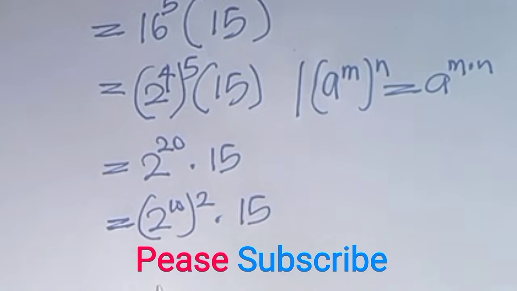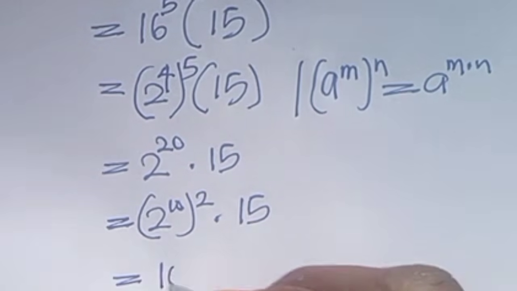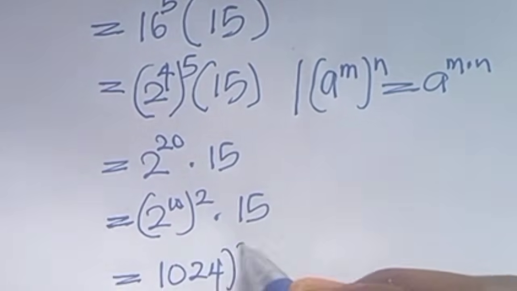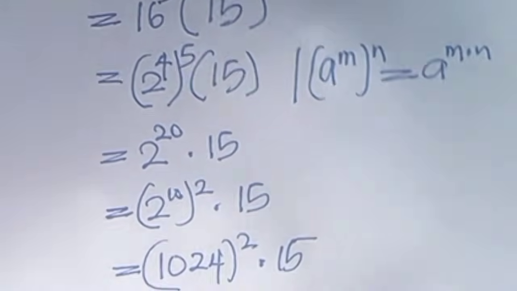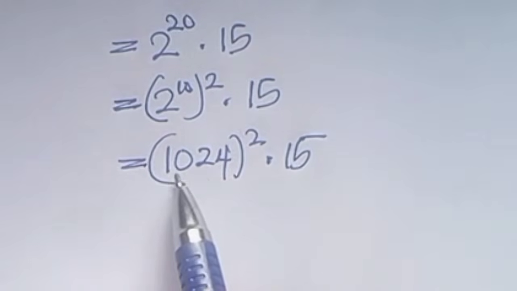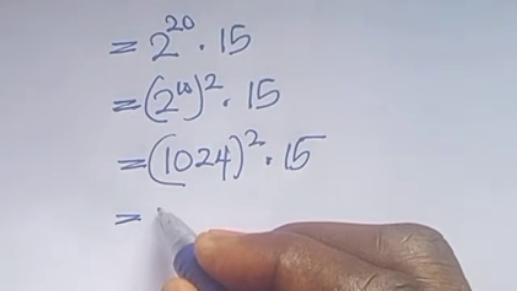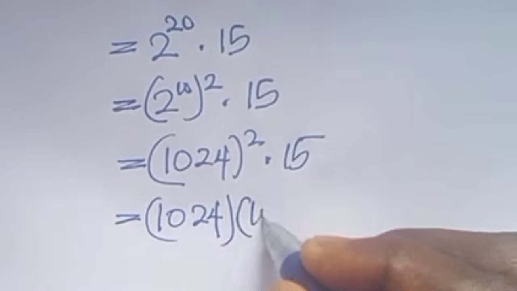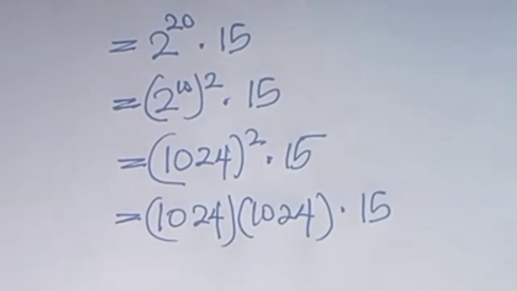So let's continue. If we do this very well, the next line can be 1024. That's 2 to the power of 10, to the power of 2, times 15. And 1024 to the power of 2 can be written as 1024 in 2 places, also times 15.